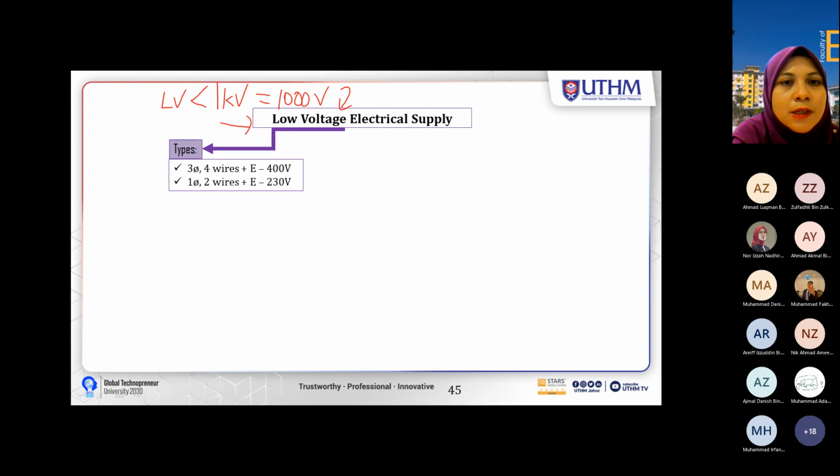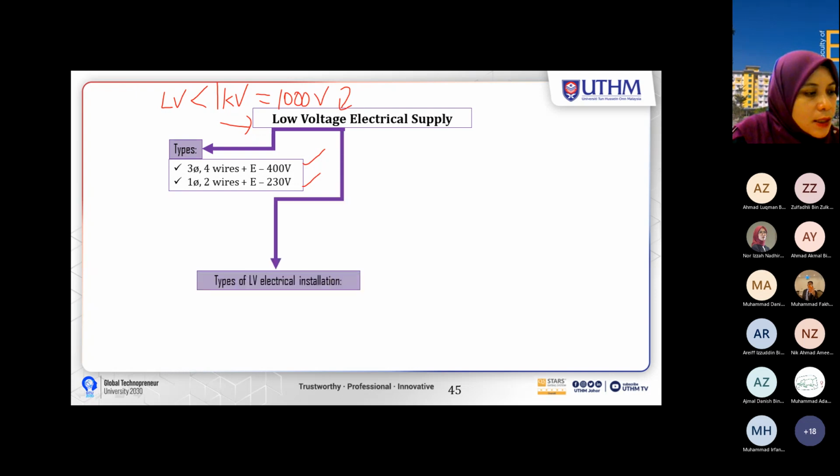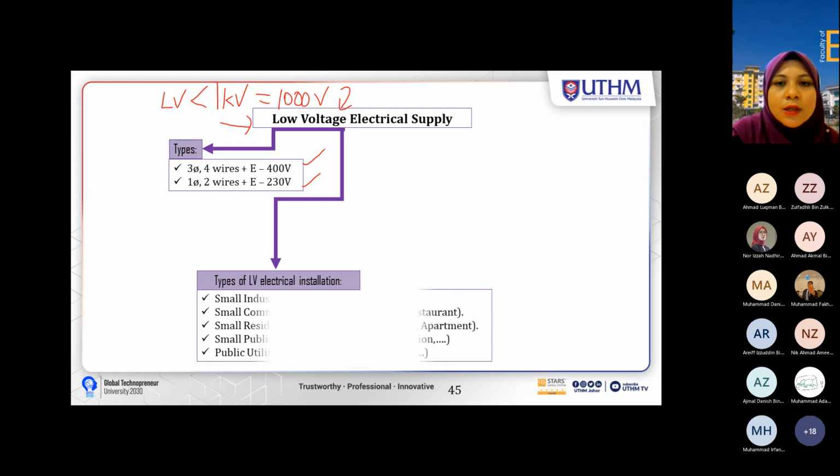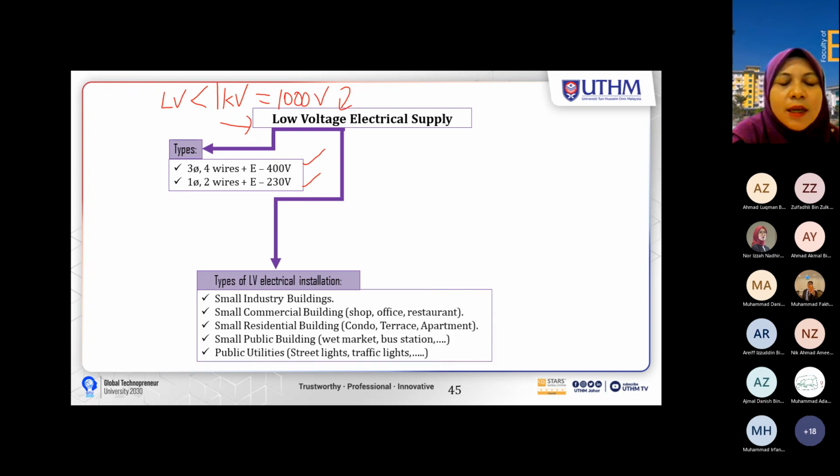So we have two types. The first one is 3 phase, 4 wires, with neutral, 400 volt. And then single phase, 2 wires, with neutral, 230 volt. Okay, so these are the types of LV electrical installation. Normally this LV implementation is for small industry buildings, the small ones.